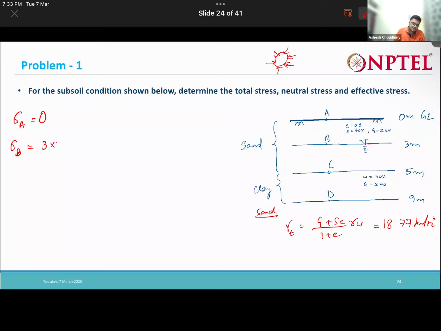Should be 18.77, please check. How much did you get? 19.13, sir. It shall be 2.67 plus 0.4 into 0.5 divided by 1 plus 0.5, into 10 you are taking. You take 9.81.